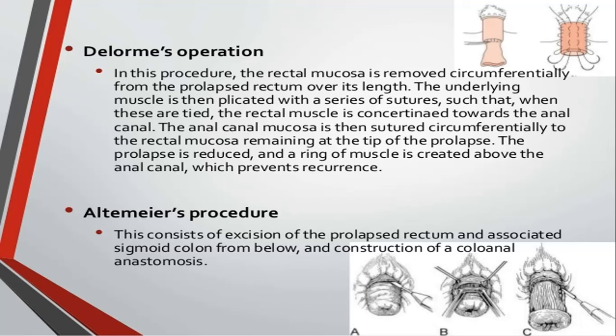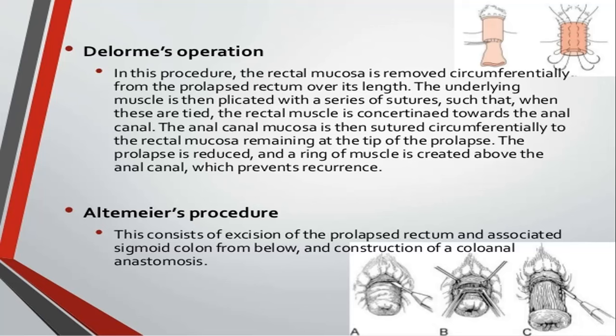Then the remaining anal canal mucosa is sutured circumferentially to the rectal mucosa. We removed the redundant mucosa, and the remaining mucosa of the rectum we suture circumferentially to the anal canal mucosa.